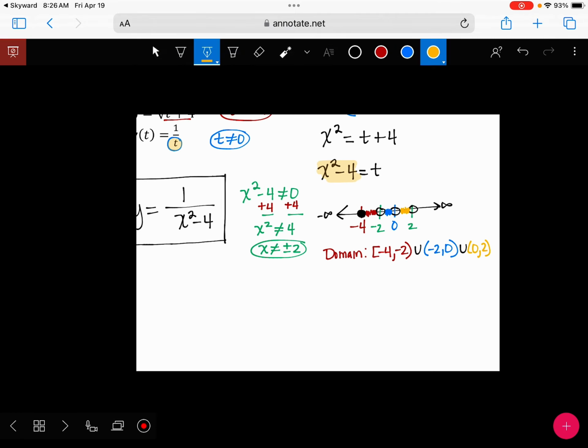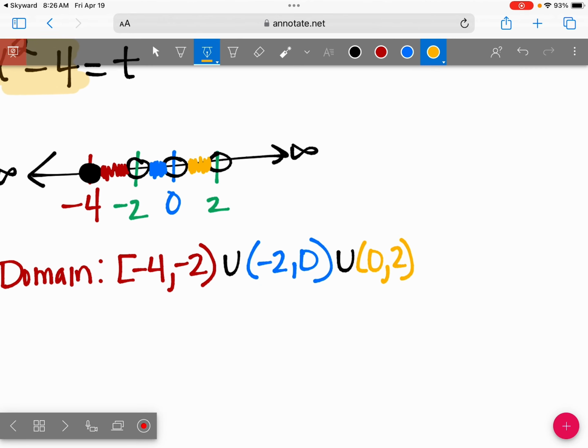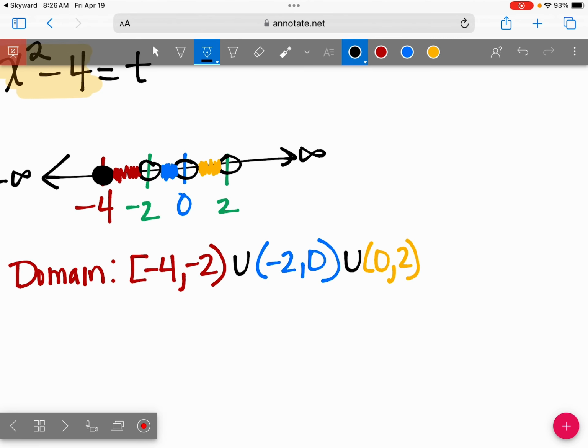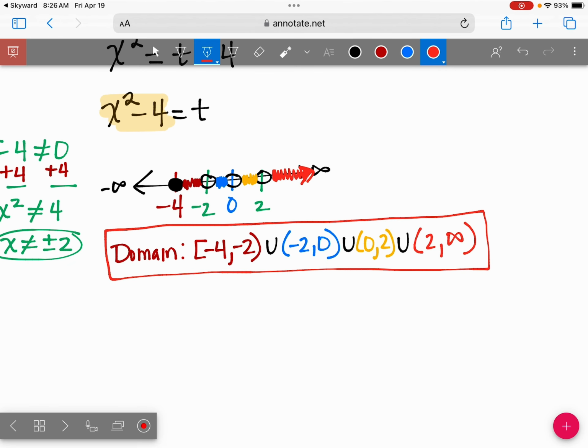Sorry, I have to push my page. Okay, there we go. I have another union. And then I finally get to the end, and I can go all the way off to infinity. That would be from 2 to infinity. So it's a pretty long domain statement. That's my domain, and this was my function.